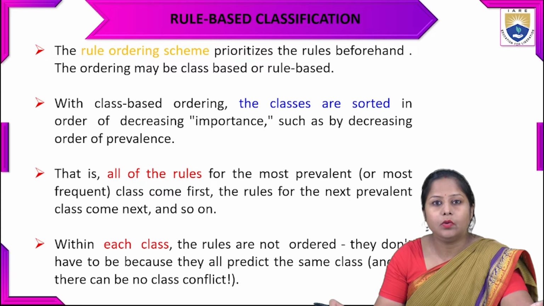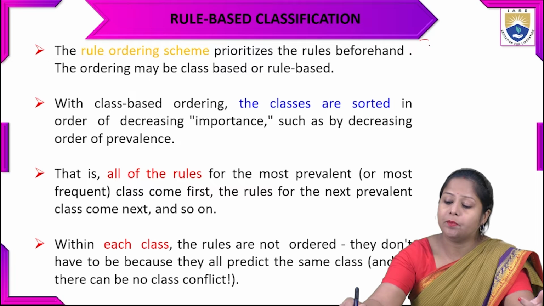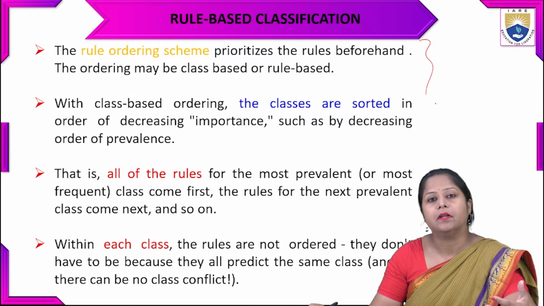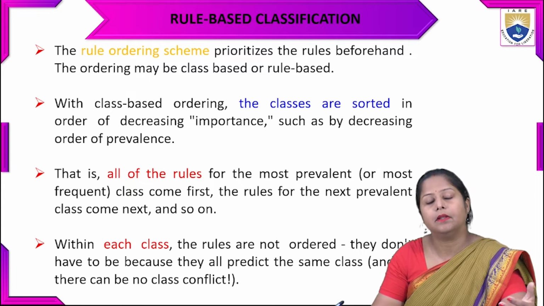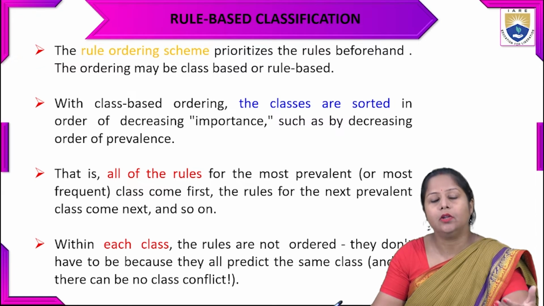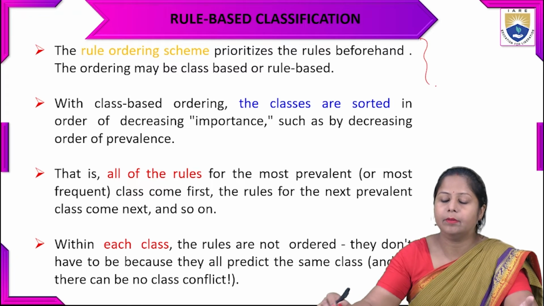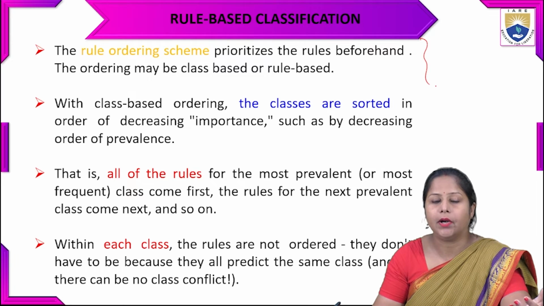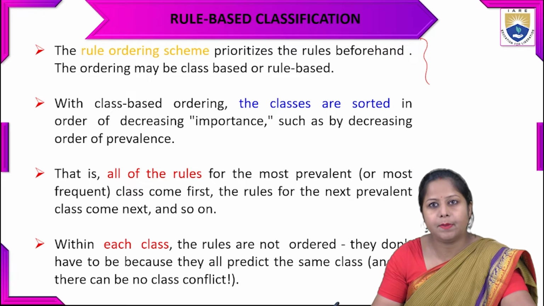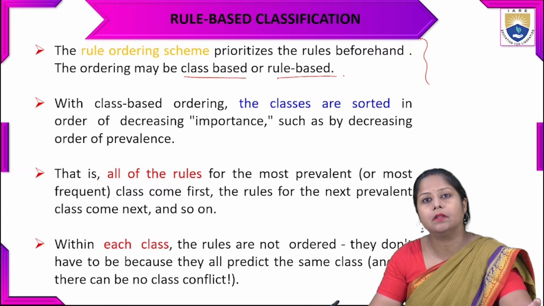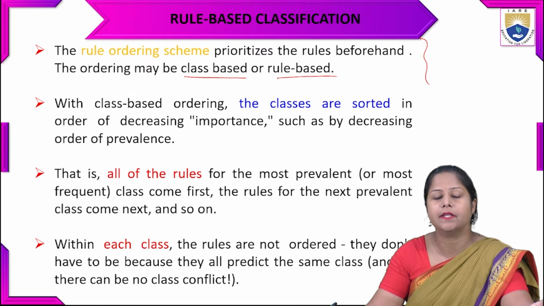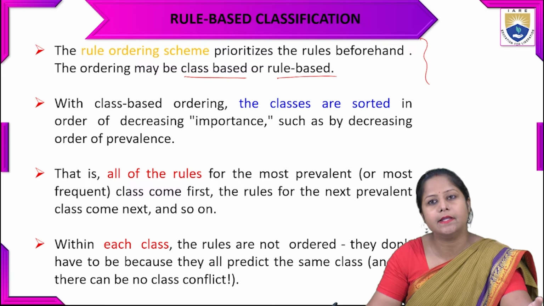Now the rule ordering scheme prioritizes the rules beforehand. The ordering may be based on class as well as on the rule. These are the two types of rule ordering scheme: first is class based and second is rule based.